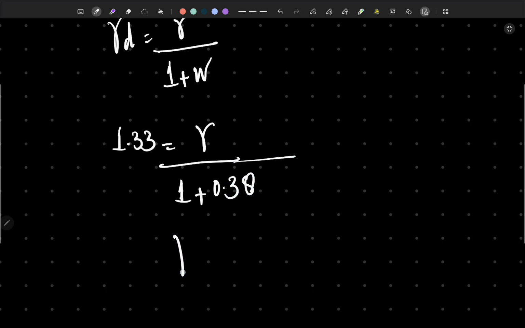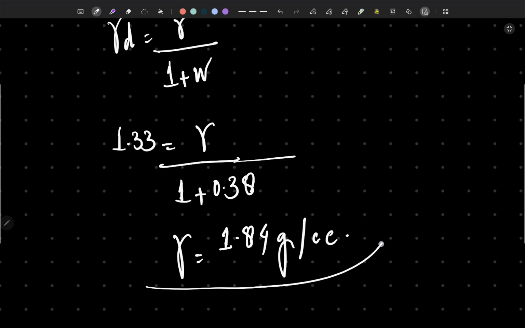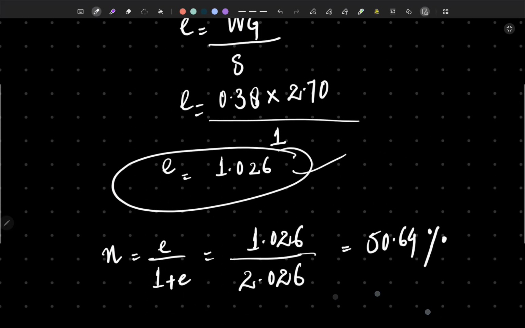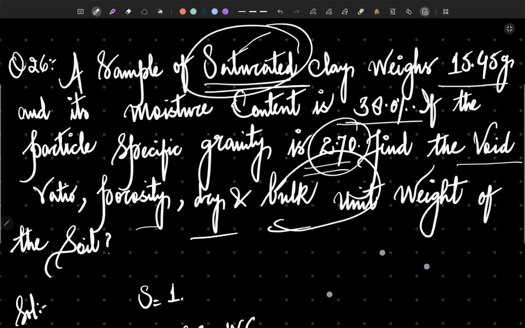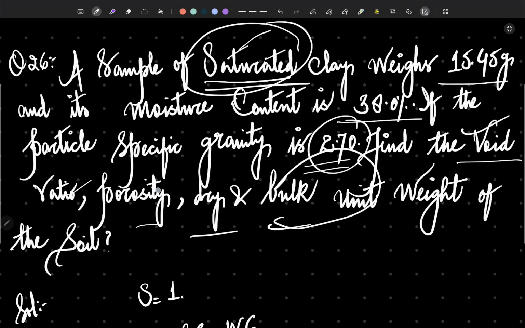By calculations, the bulk unit weight is 1.84 grams per cc. All right, so we completed the question in all respects. We found the void ratio, the porosity, the dry and the bulk unit weight. All right, moving on to the next one.